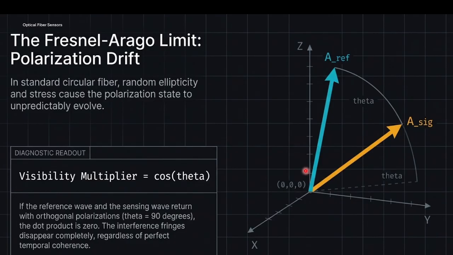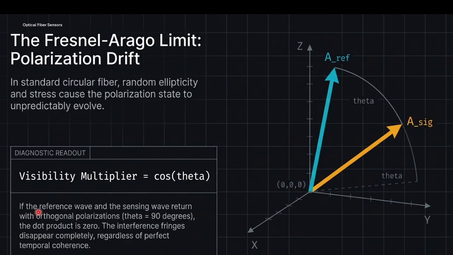Moving towards the next thing, which is the Fresnel-Arago limit, the polarization drift. In standard circular fiber, random ellipticity and stress cause the polarization state to drift, affecting the envelope. This visibility multiplier is cos theta.